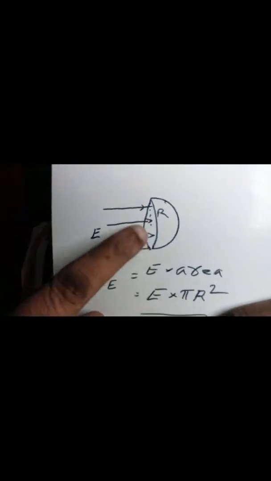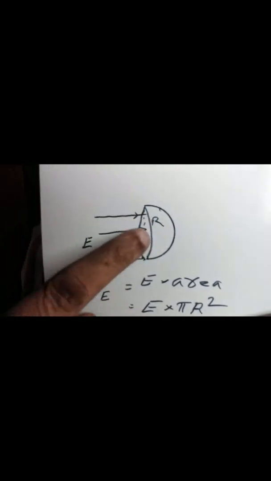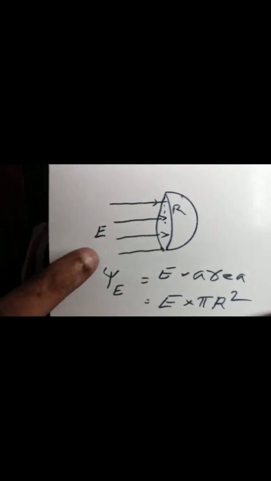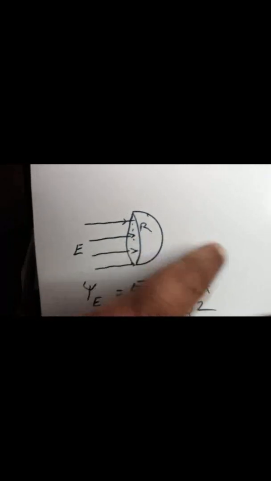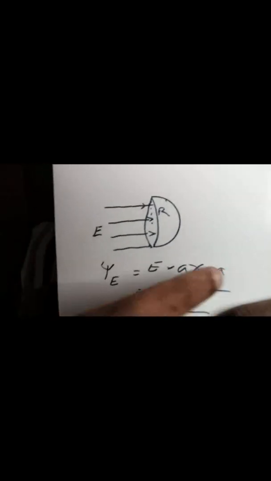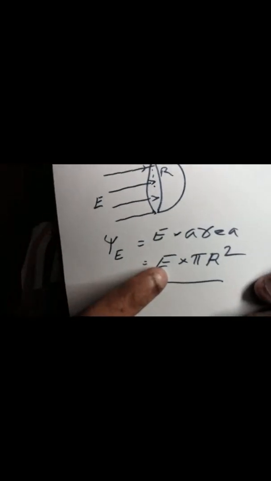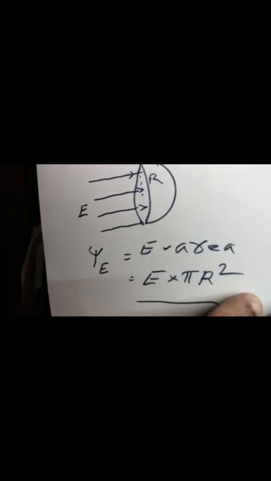Intensity is uniform, so the total flux is intensity into area. Here the area is pi r square, this area. So the flux entering or leaving the spherical volume is E into pi r square.